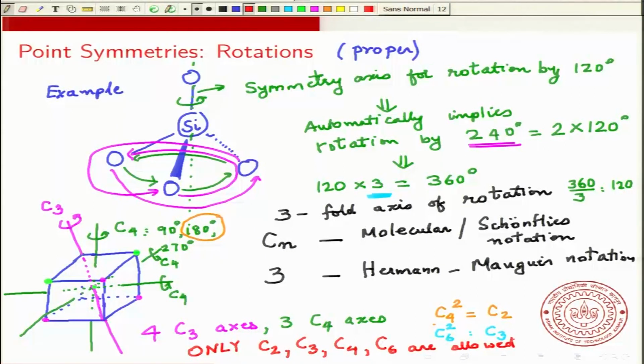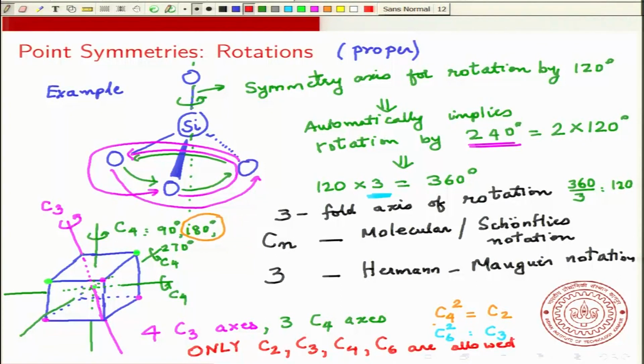So you can have a C2, a C3, a C4, or a C6. You cannot have a C5. The reason you cannot have a C5 has to do with the fact that if you have a C5 axis, then you would have something like a regular pentagon, and you cannot fill space with regular pentagons.